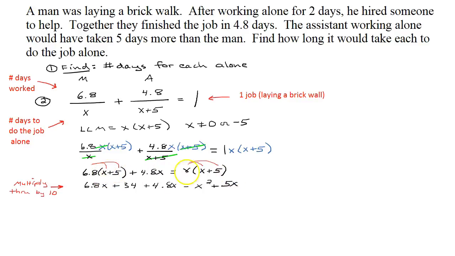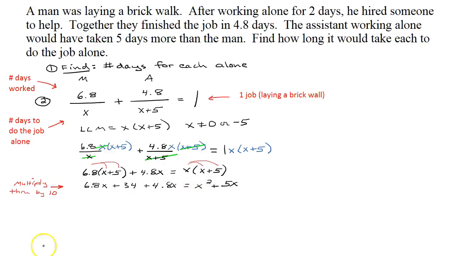After doing the distributive to clear the parentheses, I'm left with this. Now before I go any further, I see that I have decimal numbers, so to clear the decimals, I'm going to multiply all the way through by 10 because that will move the decimal point over one place to the right.